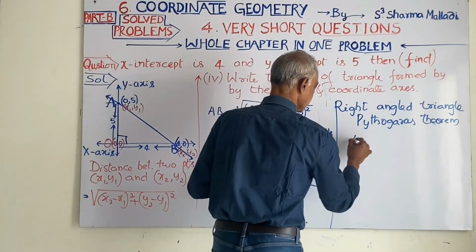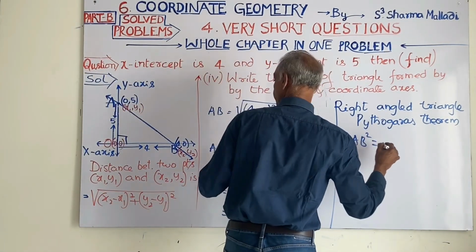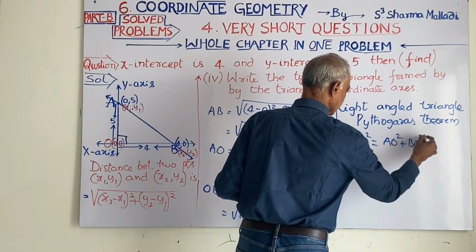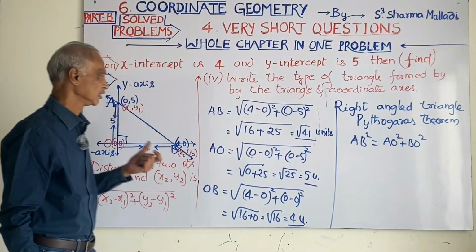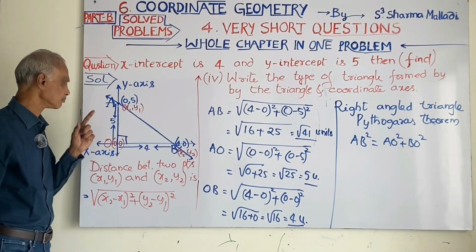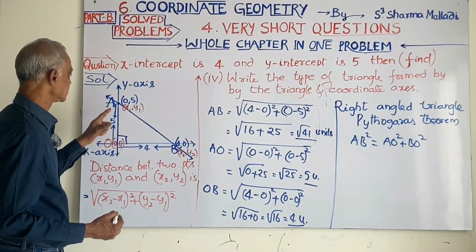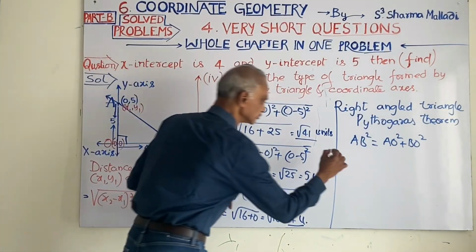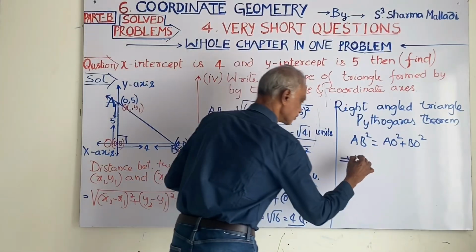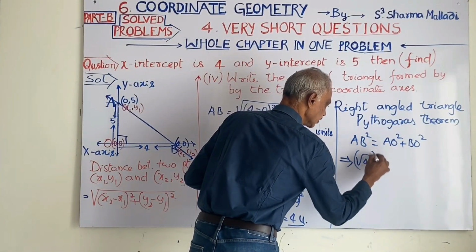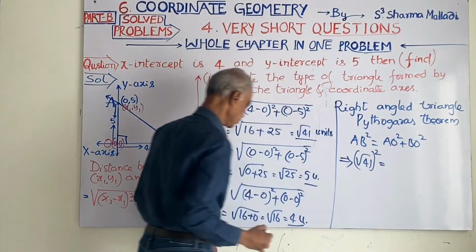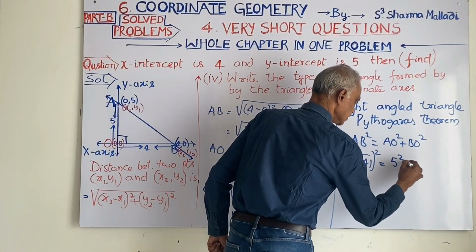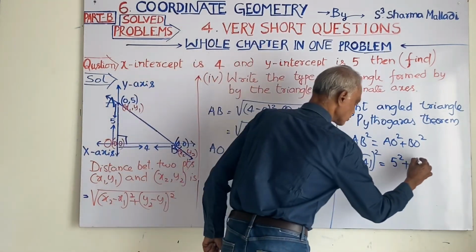Now AB square must be equal to AO square plus BO square. We will check whether hypotenuse square is equal to the sum of the squares of the other two sides. What is hypotenuse square? Root 41 whole square, must be equal to, what is AO square? 5 square, plus what is BO square? 4 square.